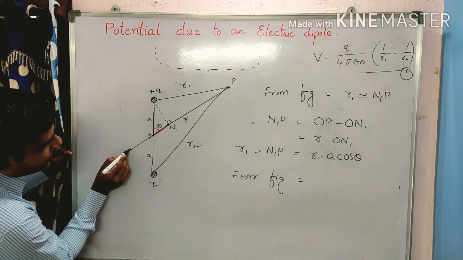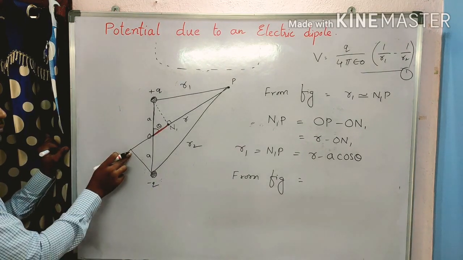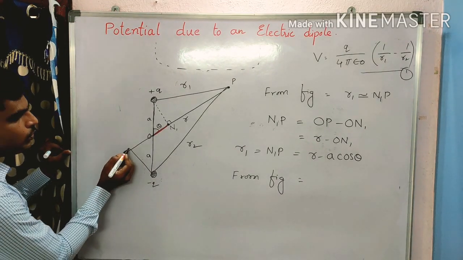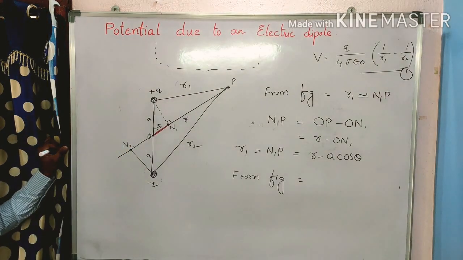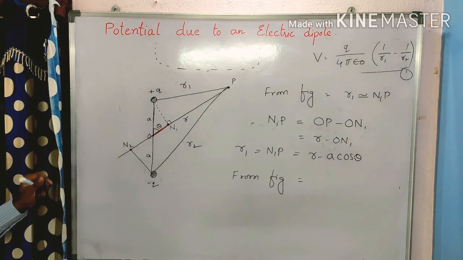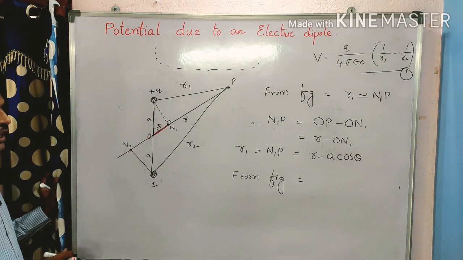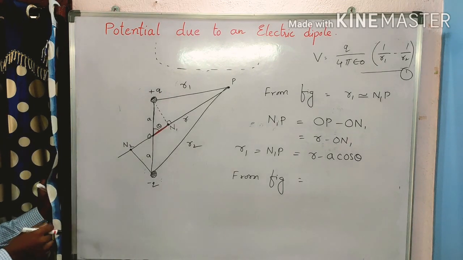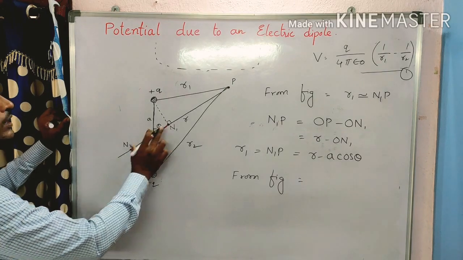From here you draw a normal to minus Q. From here you are drawing a normal to minus Q. I am writing this one as the N2 normal. There is the N1 normal, this is the N2 normal. Okay. So from here what is the value of this one?